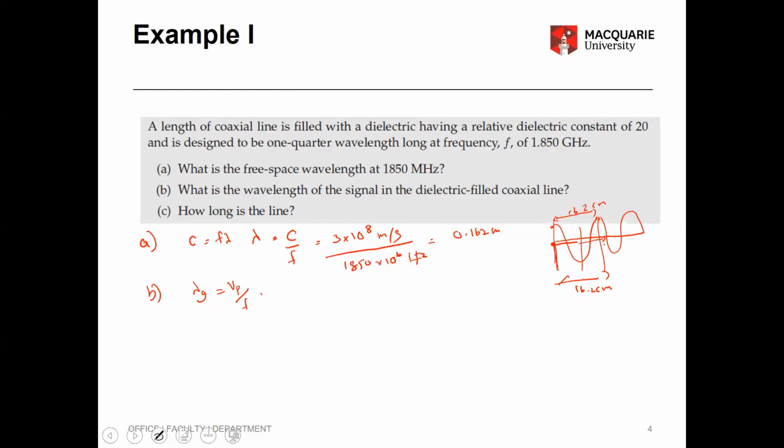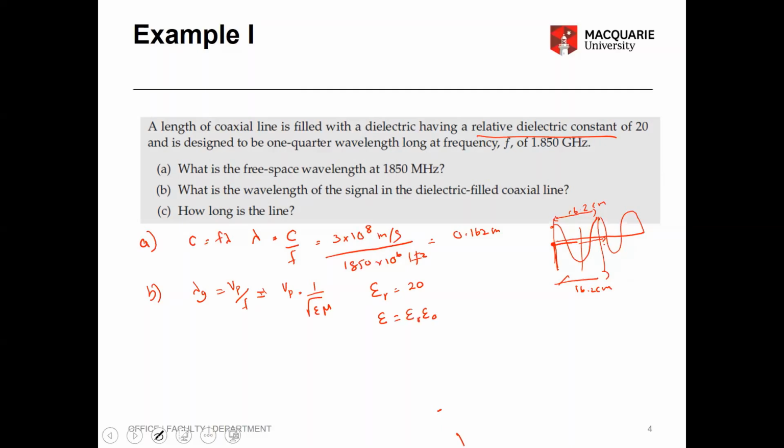We have Vp is 1 over root of epsilon mu, right? For this particular material the relative dielectric constant is 20, so epsilon r is 20. We can find epsilon as epsilon r times epsilon naught.